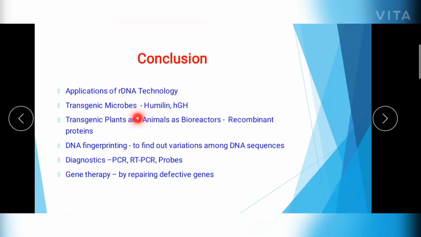We have learned about the different applications of transgenic microbes, that is humulin production, human growth hormone production, vaccine production, and how transgenic plants and animals are used as bioreactors for the production of different kinds of recombinant proteins, and how recombinant DNA technology is used in the field of forensic science in the form of DNA fingerprinting, disease diagnostics, and in the curing of different types of diseases using gene therapy. And also we have learned about the difference between gene modification and gene editing.